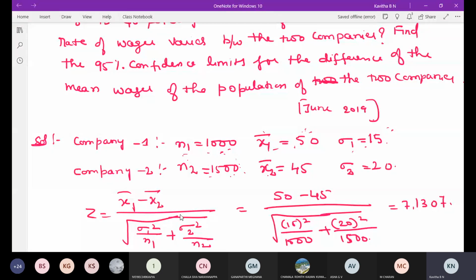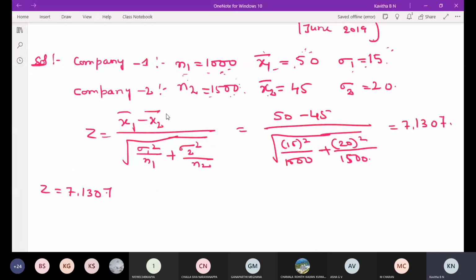The problem is still not completed. Here z is equal to 7.1307, which is greater than z 0.05, equal to 1.96, and z 0.01, which is 2.58.